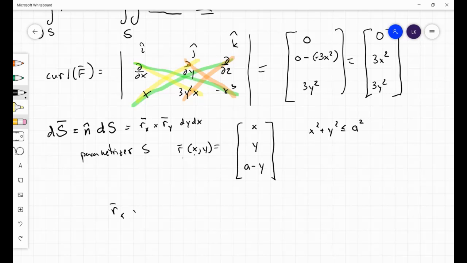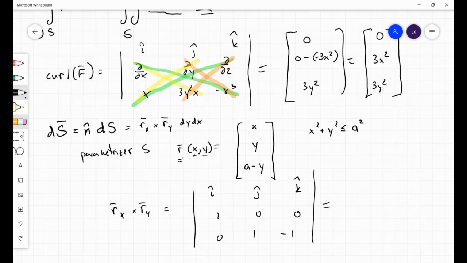So that cross product of those two derivatives should be simple enough. So differentiate r with respect to x, differentiate r with respect to y. Take the cross product.